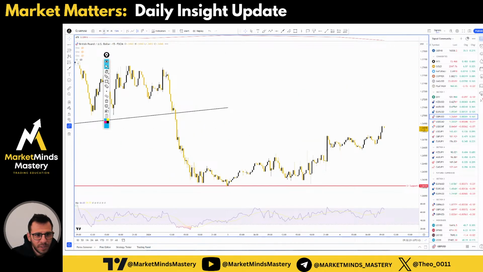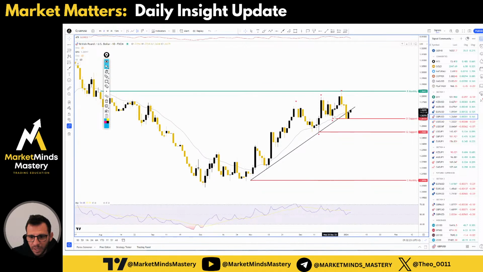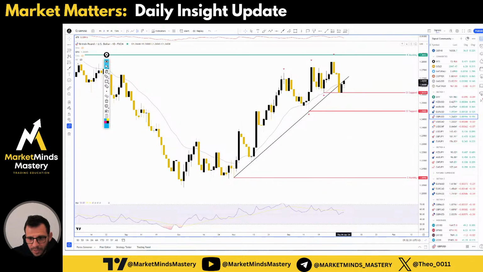The pound, let's check the daily chart. The pound yesterday found good support at the S1 support we already marked, and afterwards it's trying to move higher. This upward trend line consists of these three successive swing highs and 3 touches.